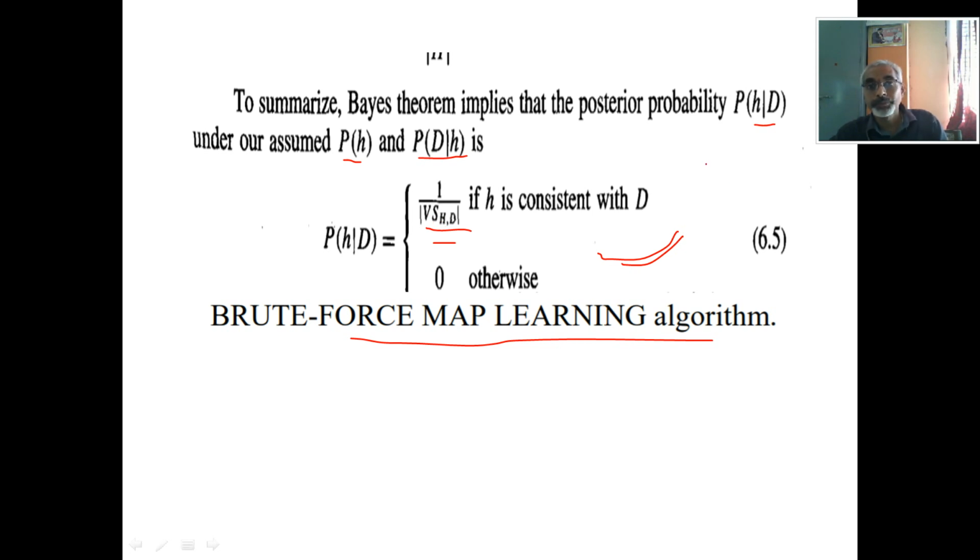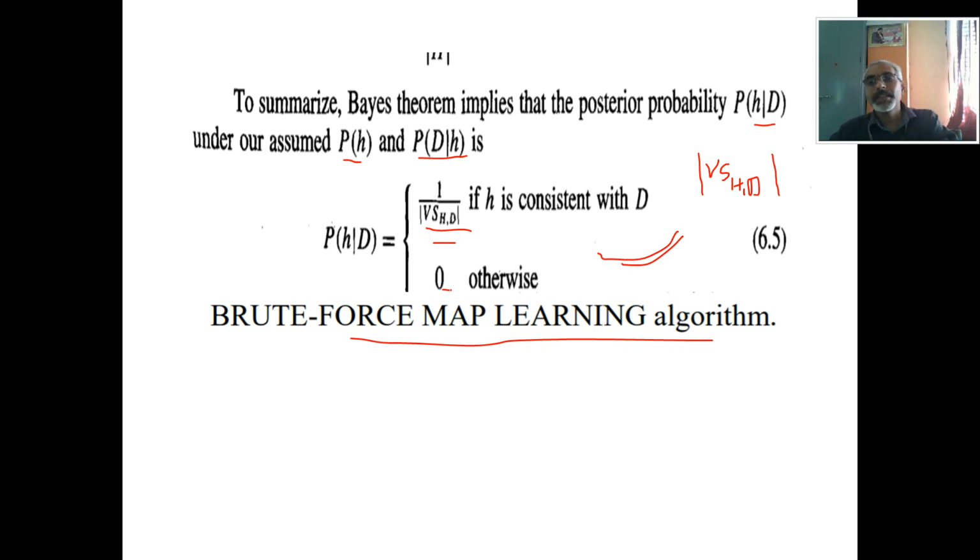So this is your version space H comma D, all the hypotheses which are consistent with respect to this training set. Now when I use this symbol, I am going to count the number. So totally how many are there if H is consistent with that, and 0 otherwise, right? So this is what the brute force MAP learning algorithm is.